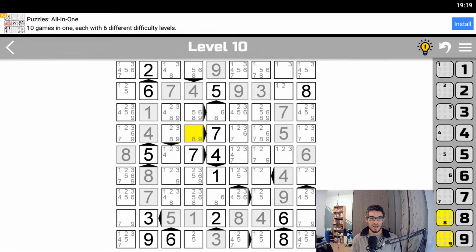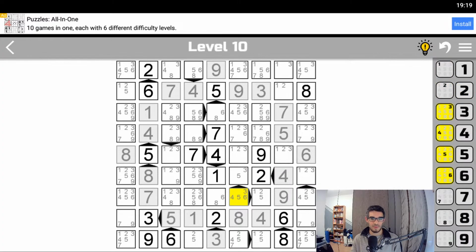And therefore this can either be a 6, this can be a 4 or 7. 7 is gone, so this has to be a 9. It's the last spot to place a 9. Yeah, so far it's working. This is a 2. So this can be either a 2 or a 1.